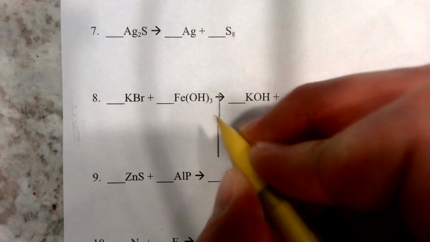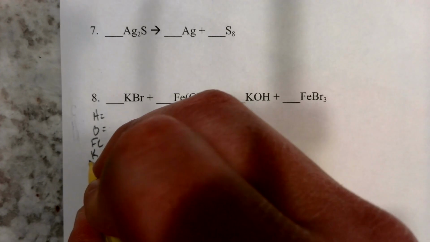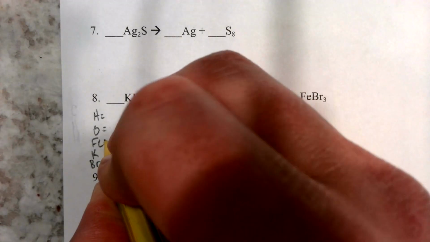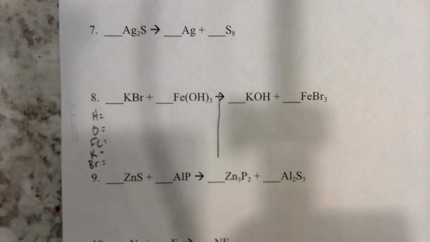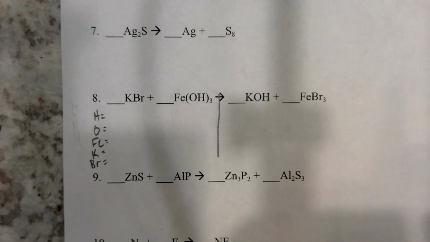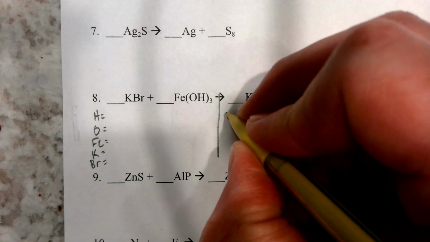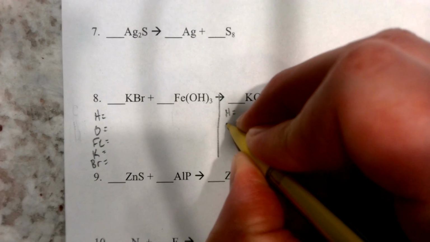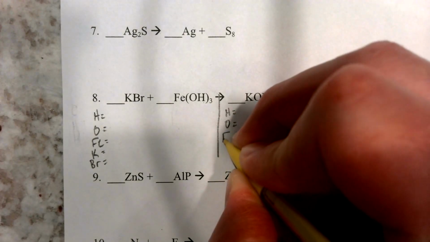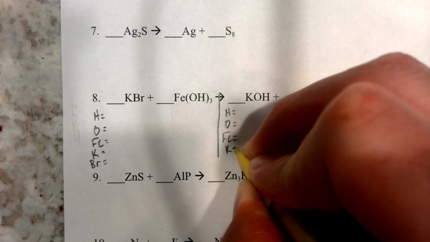So I'm going to go ahead and list my hydrogen, list my oxygen. I've got iron, Fe. I've got potassium, which is K, and I've got bromine. Also, you might find it easier to do all this work on a separate sheet of paper because I am a mean person and didn't give you many margins. Actually, that's a Mr. Gary issue because he says I make too many copies, so just get upset at Aubrey.